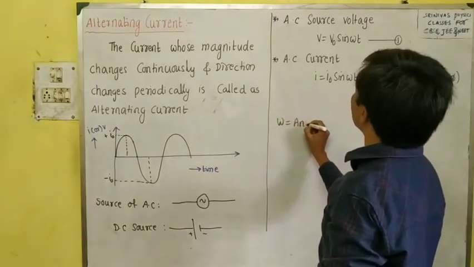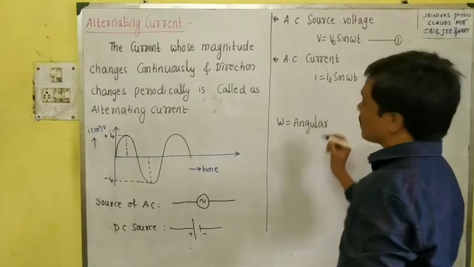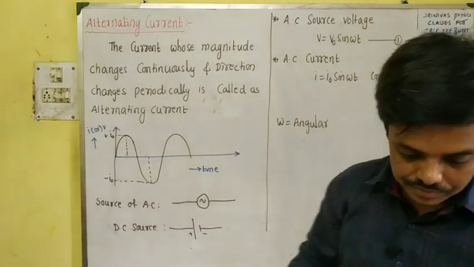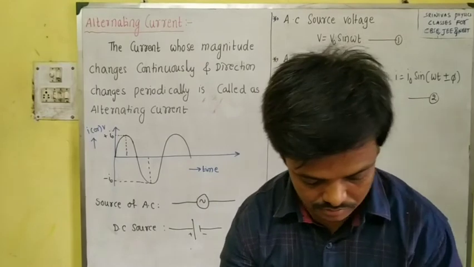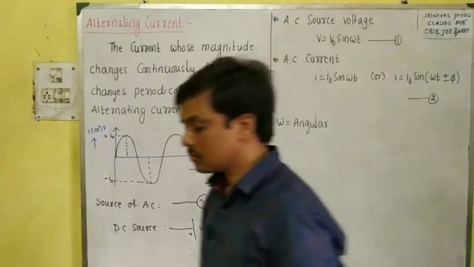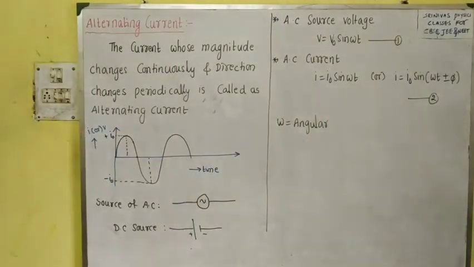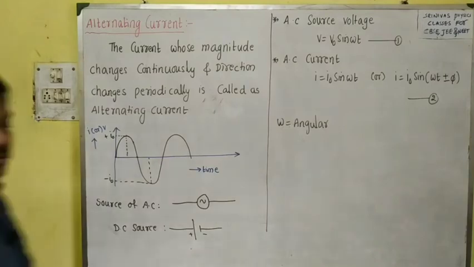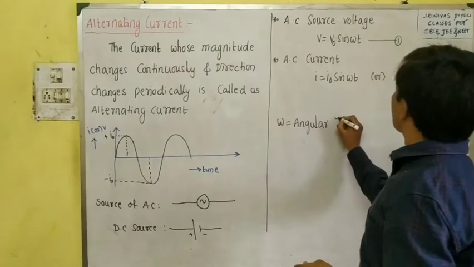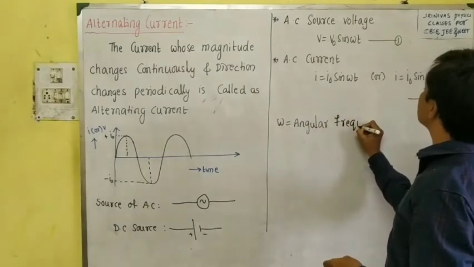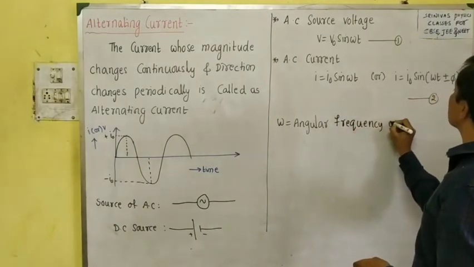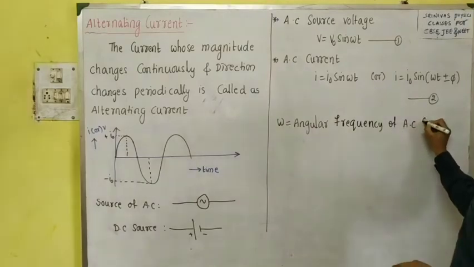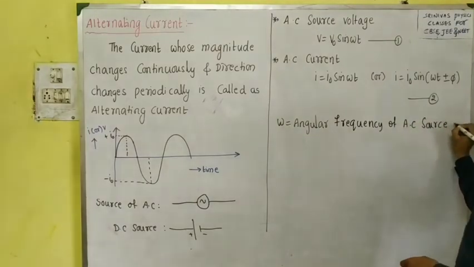Omega is the angular frequency of the AC source or AC current.